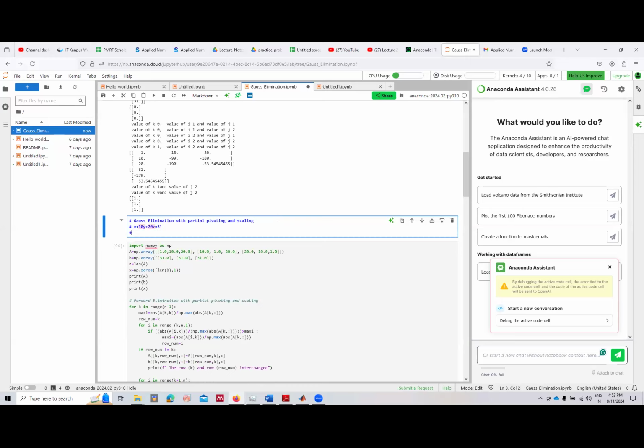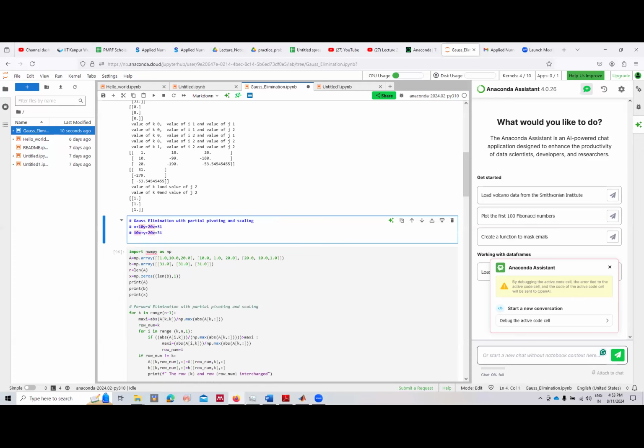Then 10x plus y plus 20z equal to 31. Then 20x plus 10y plus z equal to 31. This equation we want to solve.